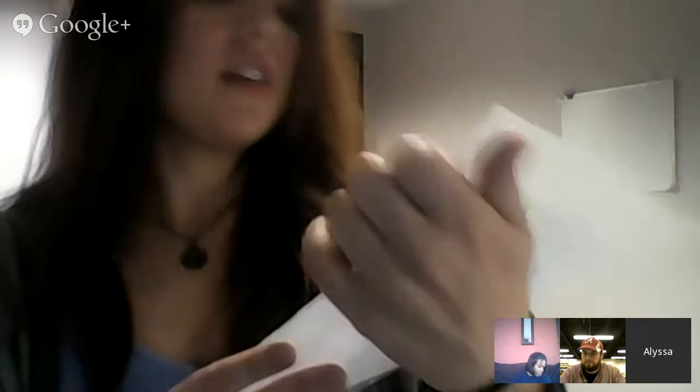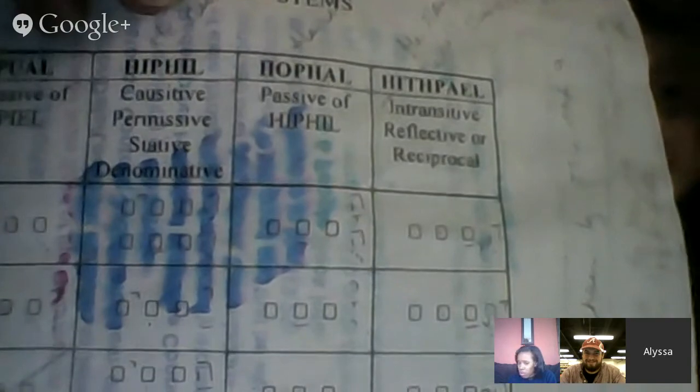On mine, which is kind of really hard to read because there's lots of food and drink on it, can you see the Hophal one? I just have them above and below for all of it. I see that. So whichever way is going to make the most sense, just do it that way. Okay?